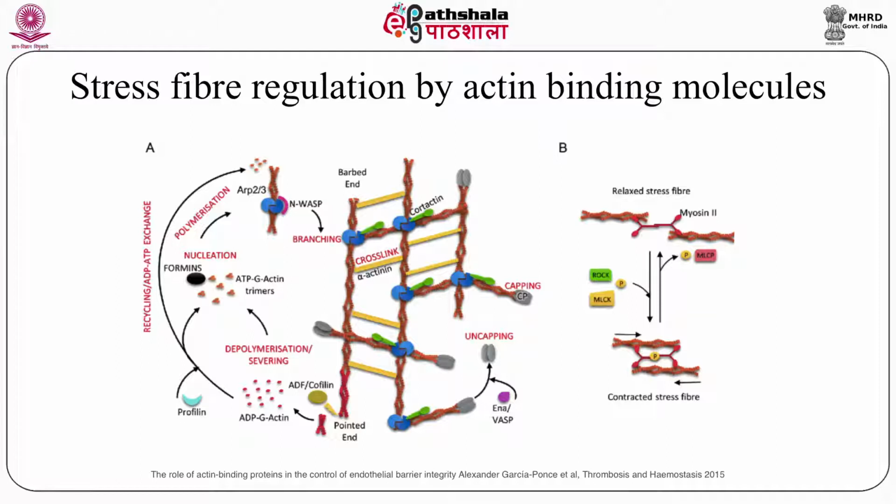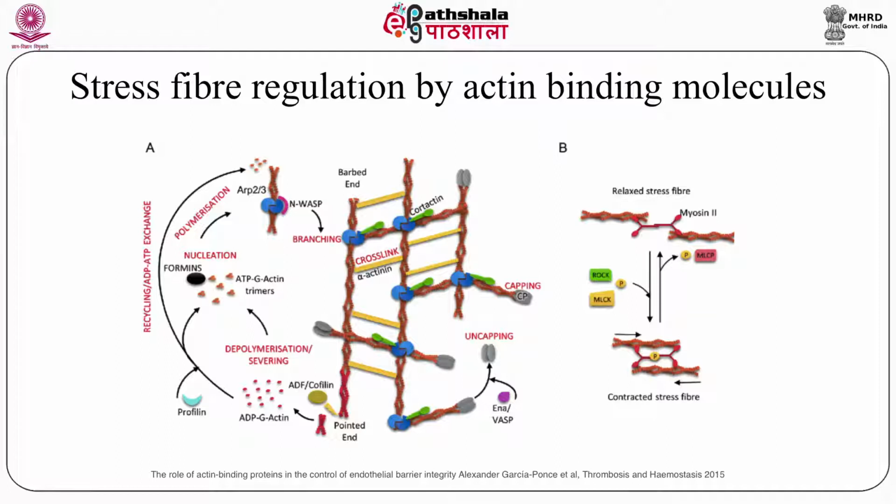The non-muscle myosin 2 cross-links two different actin filaments in an anti-parallel fashion. Myosin contains head, neck and tail domains. The ATP hydrolysis in the head domain causes a power stroke that contracts the myosin head-bound actin filaments.